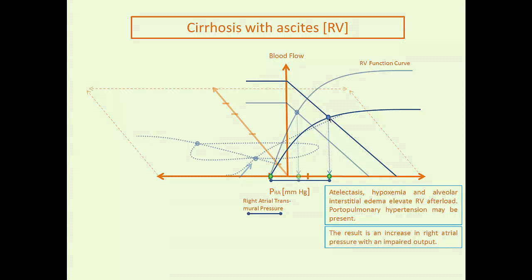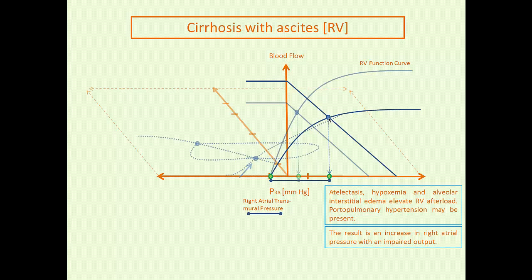Hypoxemia leading to hypoxemic vasoconstriction. This alveolar interstitial edema essentially leading to hypoxemia and augmented PVR. Portopulmonary hypertension may be present as well.